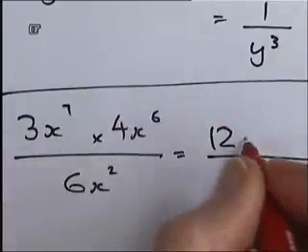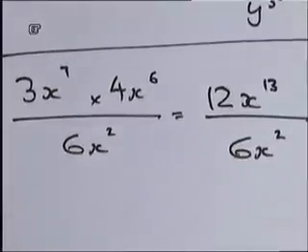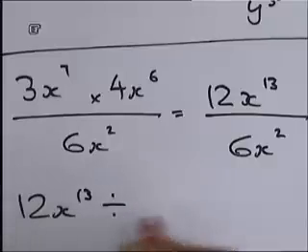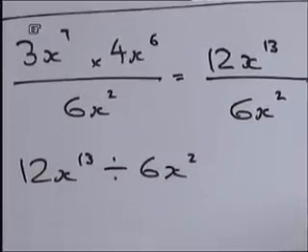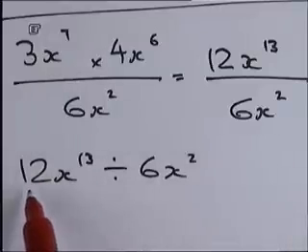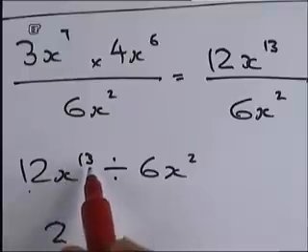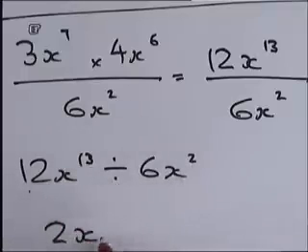If we add those powers, that will give me x to the power of 13. Now the question I've got is the same as 12x to the power of 13 divided by 6x squared. Deal with the normal numbers first, the big numbers. 12 divided by 6 is 2. X to the power of 13 divided by x to the power of 2. If I'm dividing, I do a taking away with the powers, so I'll get 2x to the power of 11.